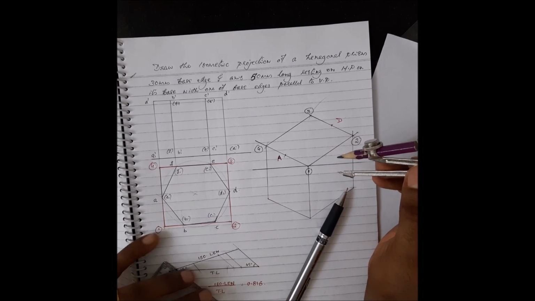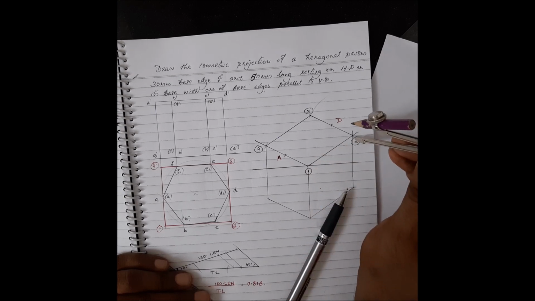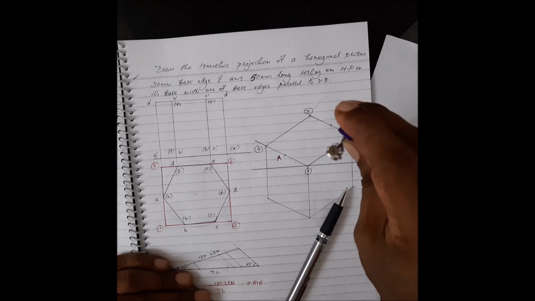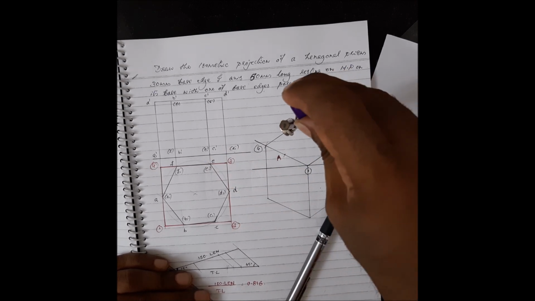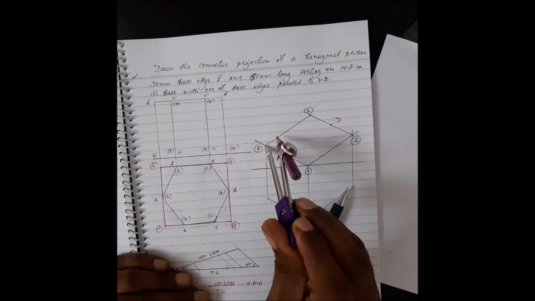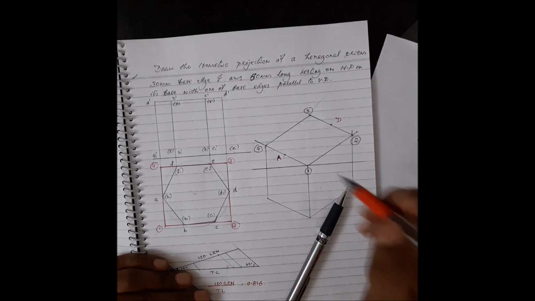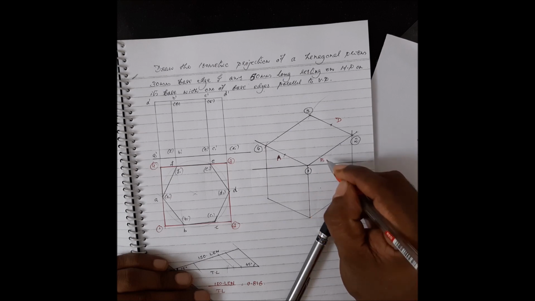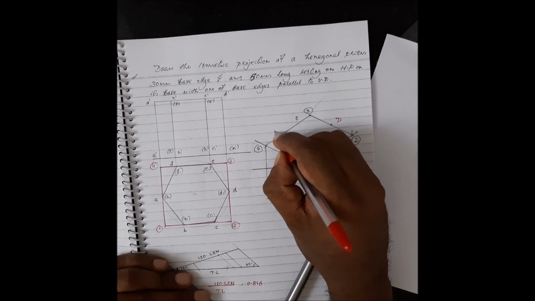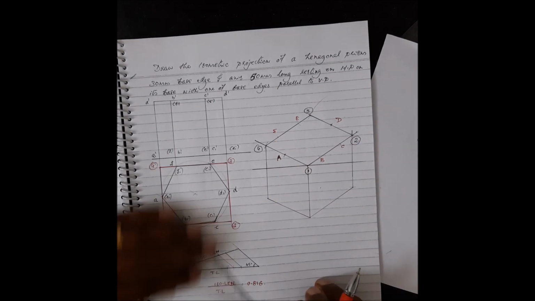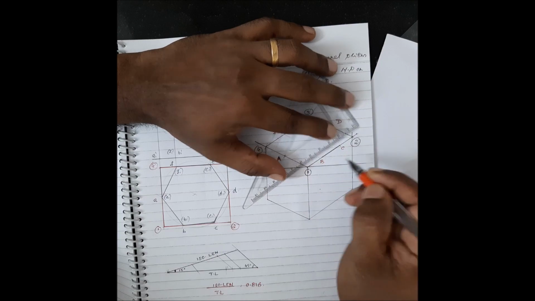From 1 offset this distance, and from 2 on the backside. Similarly 3E, from 3 to E, and from 4 to the side. So that's your B, C, D, E, and F. And connect those points to get the hexagon.